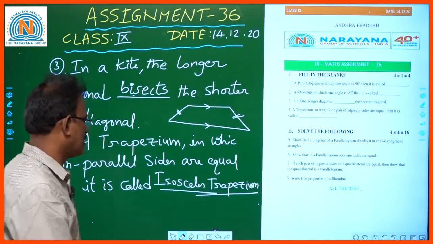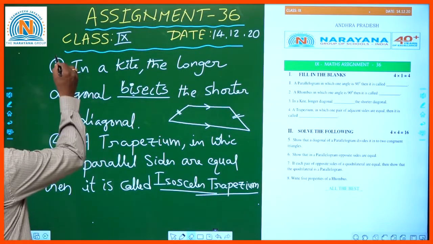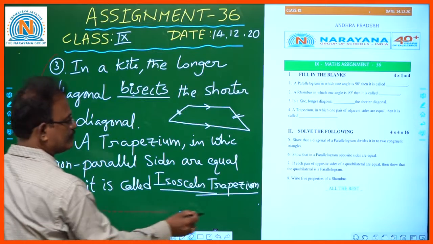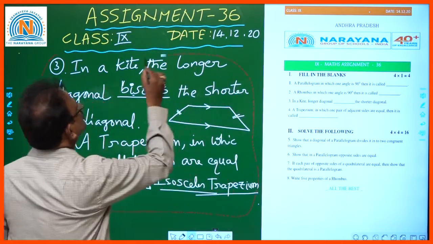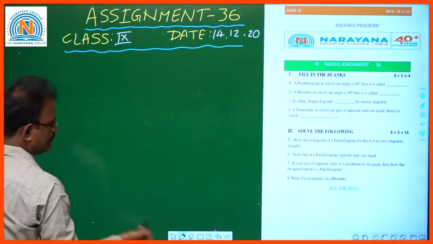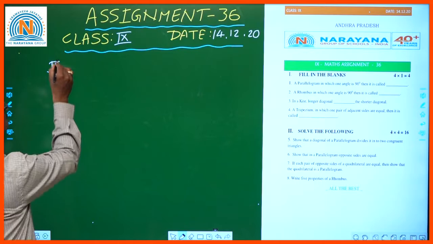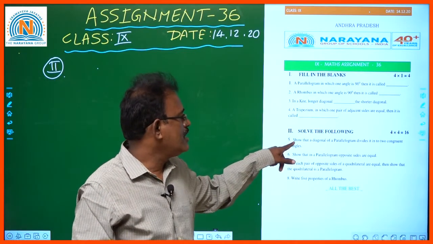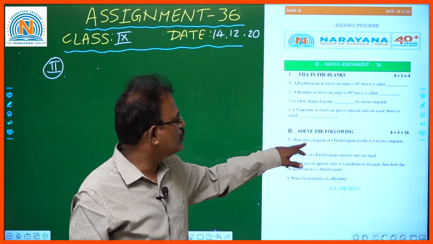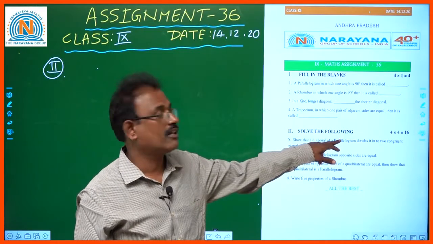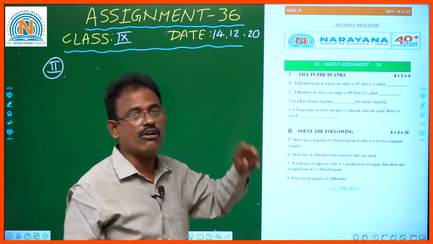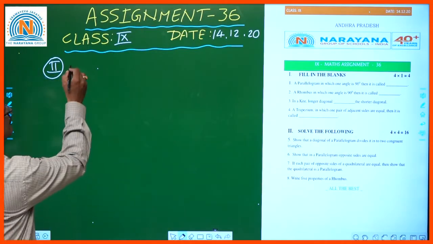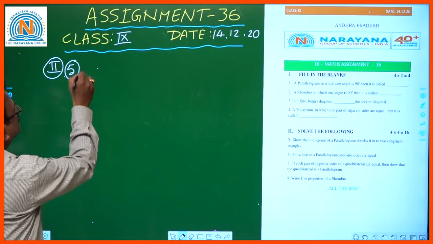So let us come back to the second Roman. Solve the following. Show that a diagonal of a parallelogram divides it into two congruent triangles. This is question number 5.